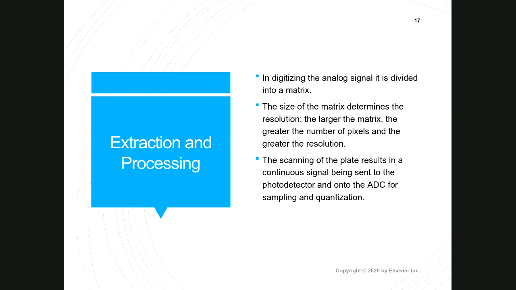And when that takes place, the analog signal gets divided into a matrix. Okay, now it's starting to sound a little bit more familiar, I hope. So the matrix determines the spatial resolution of your image. The larger the matrix, we've said, there's more pixels, those pixels are smaller, and your resolution is improved.